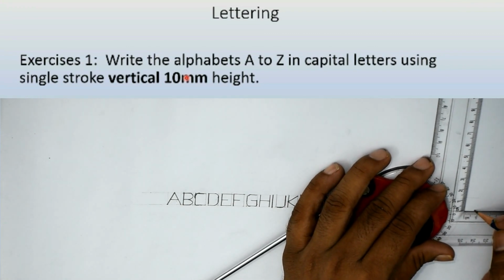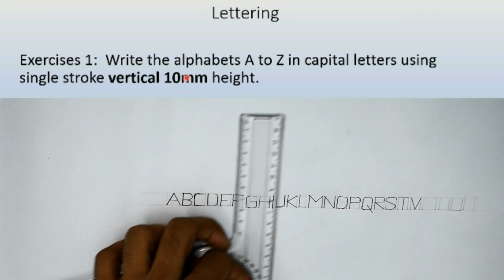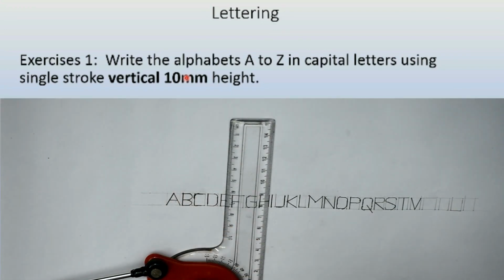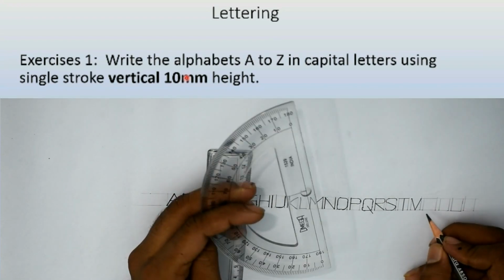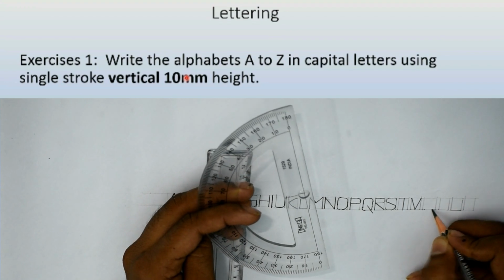This is going to be my Z. There you go. But for W, leave some space like 1.5 mm from here, 1.5 mm from here.